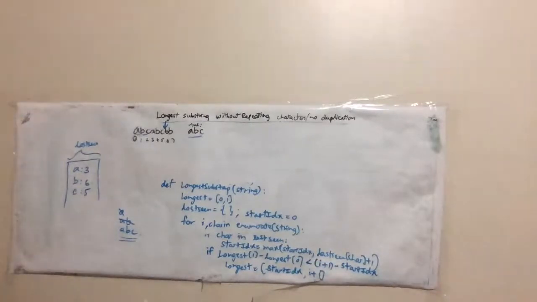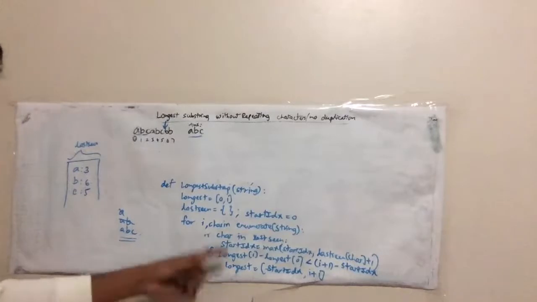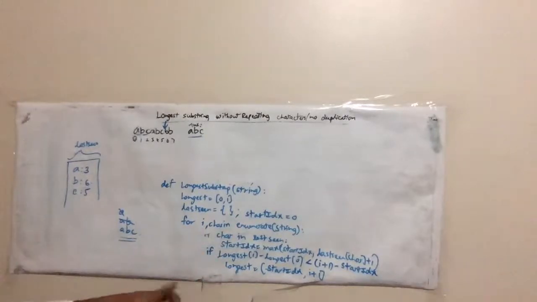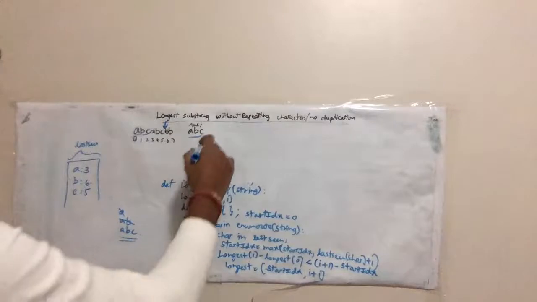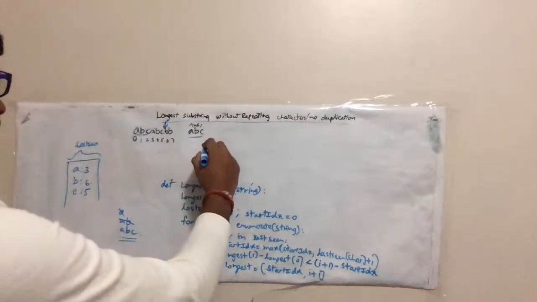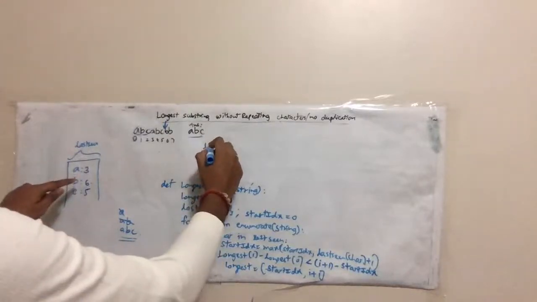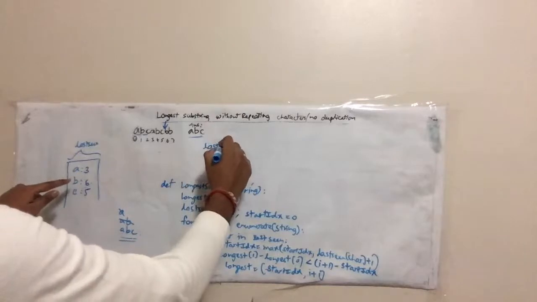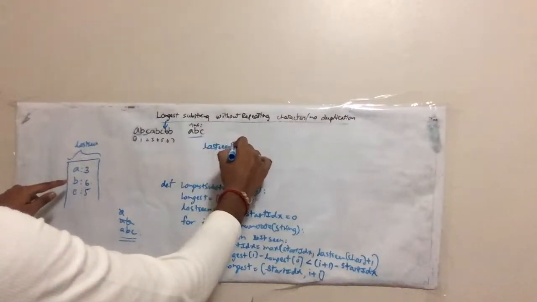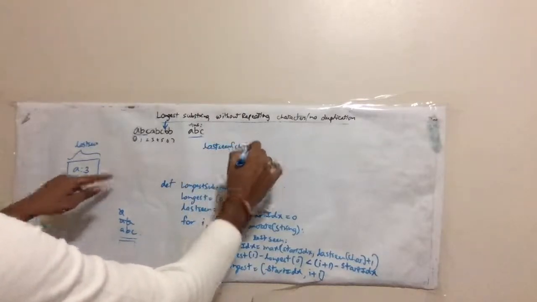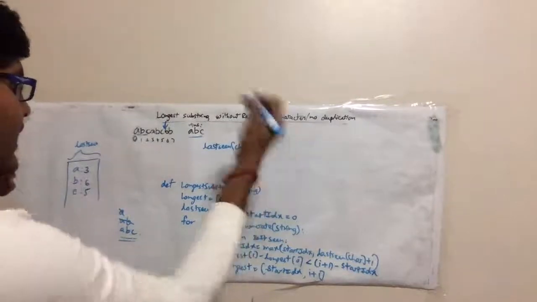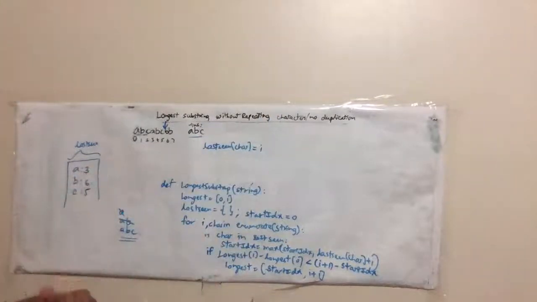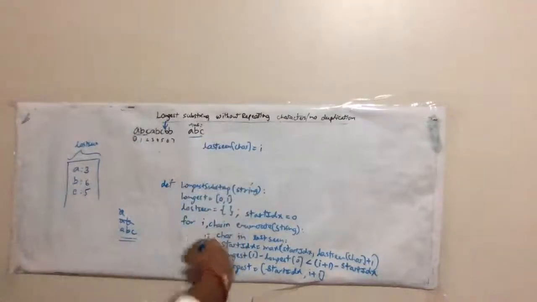Okay, so we have updated this. We have checked the length, and we need to update the last seen character too, right? So the last seen for that specific character you update as the new I that we have seen at that ith index. So I think this is the logic here.